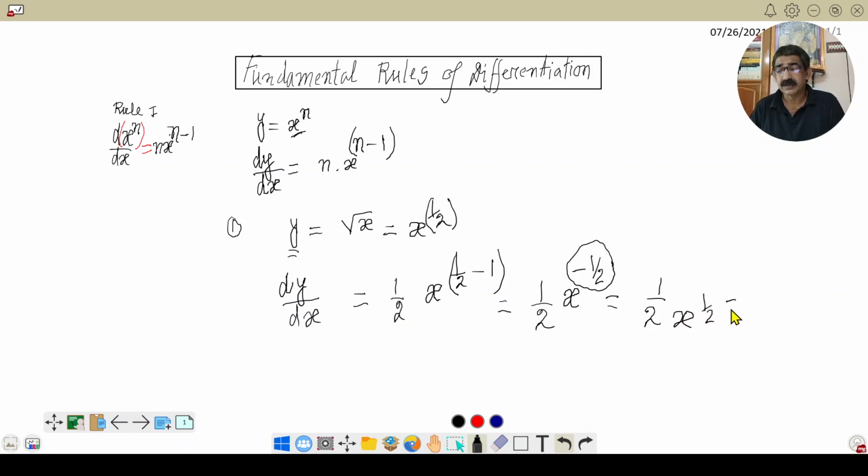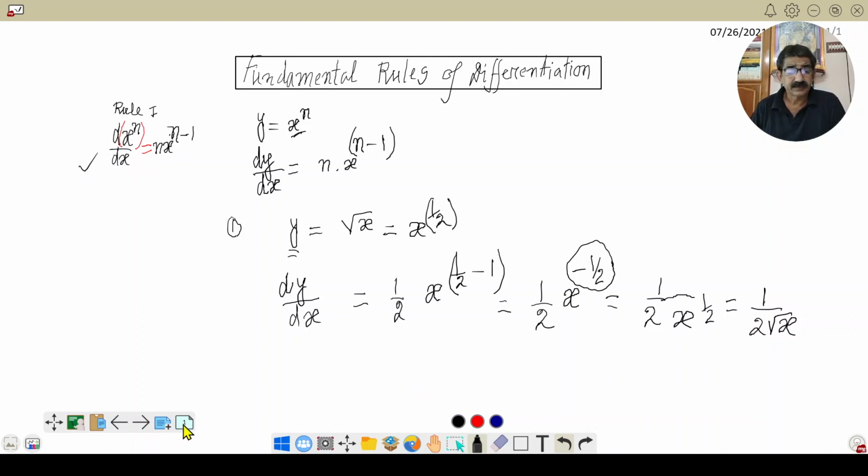That means this is equal to 1 by 2 root x. So this is one of the common applications of this formula.